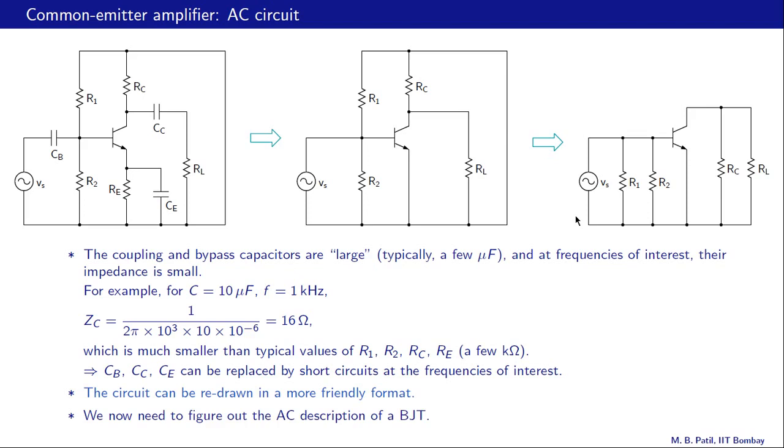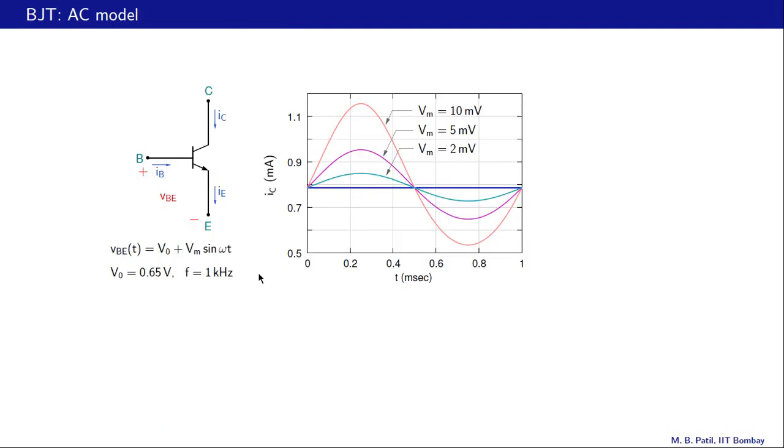The next question now is, what is the AC description of the BJT? So let us look at that in the next slide. Okay, so the question we want to answer now is what is the transistor behavior when sinusoidal input voltage is applied and superimposed on DC bias value.